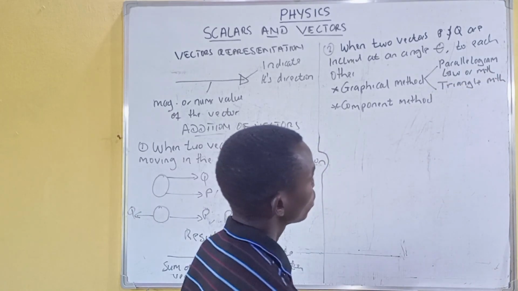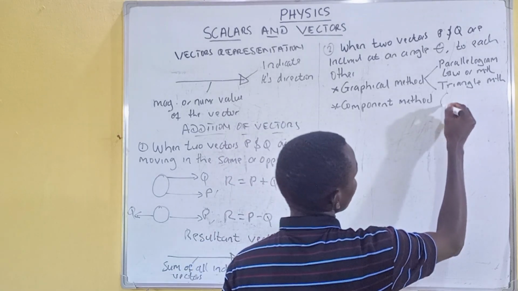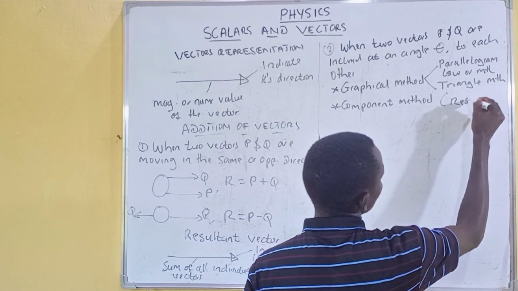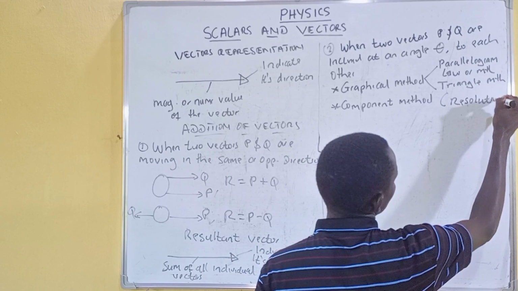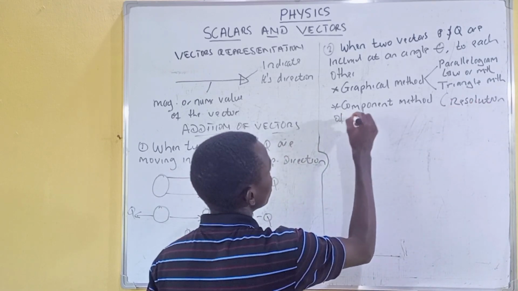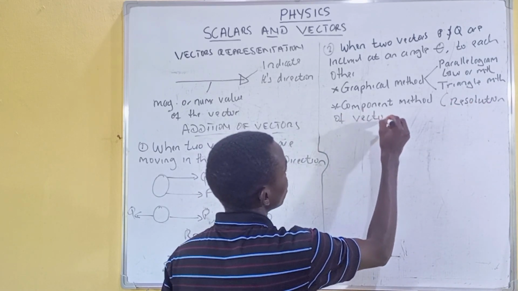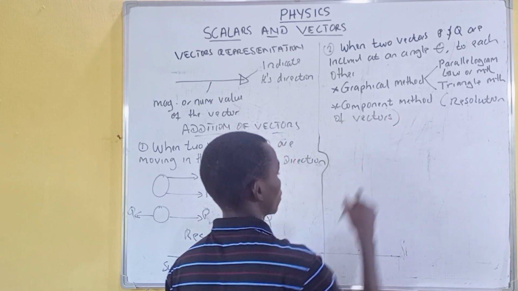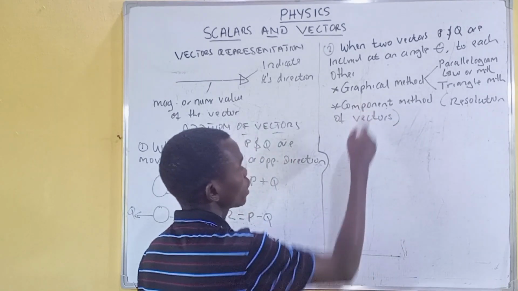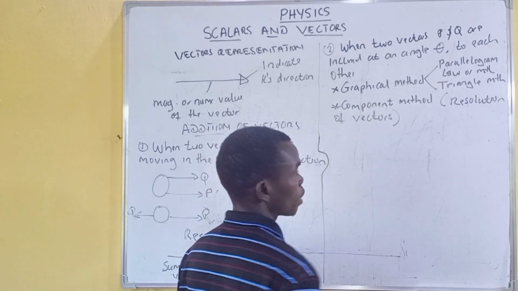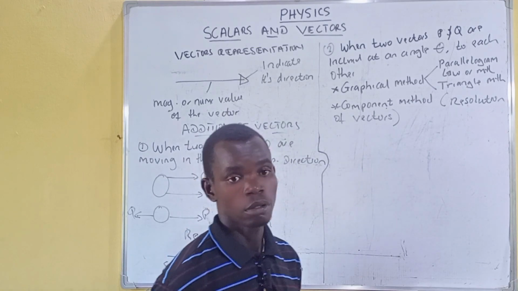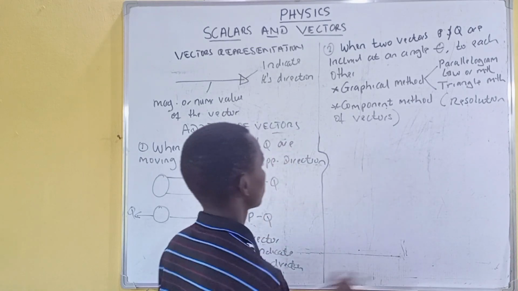While the component method is also called resolution of vector. Under the graphical method, let's talk about the parallelogram law or method.